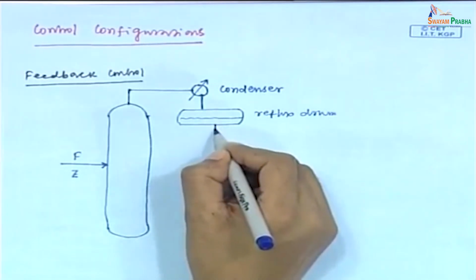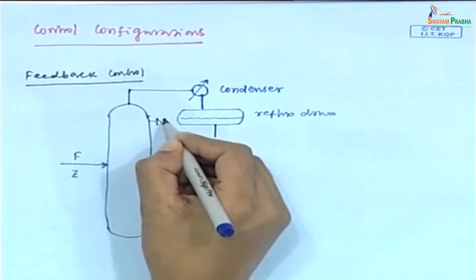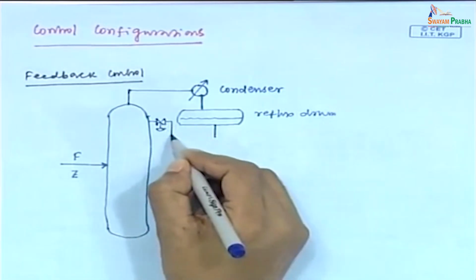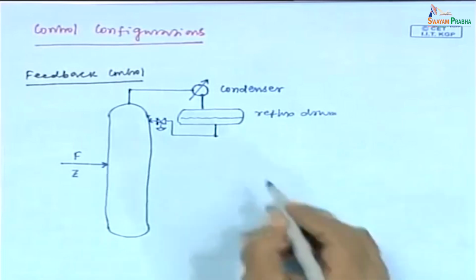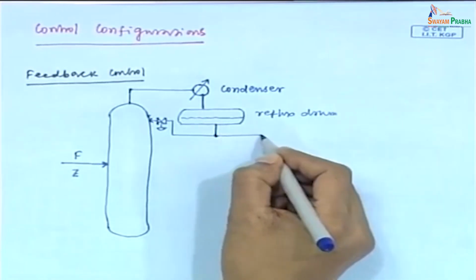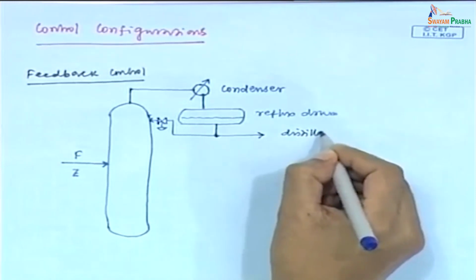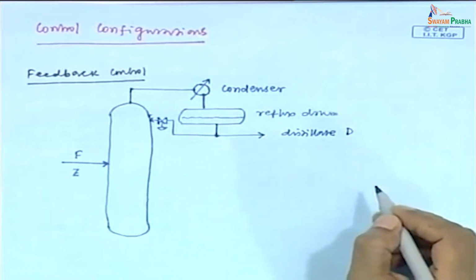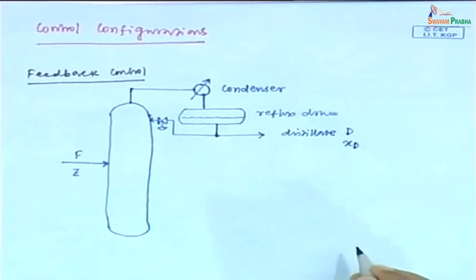A part of this liquid is recycled back to the top section of the column, and a part is withdrawn as distillate with flow rate D and composition XD. Composition means here mole fraction.